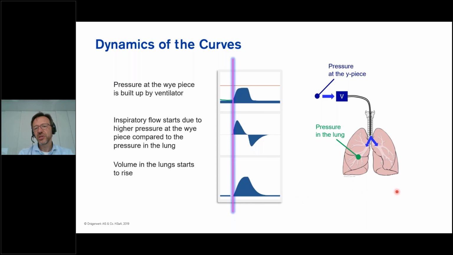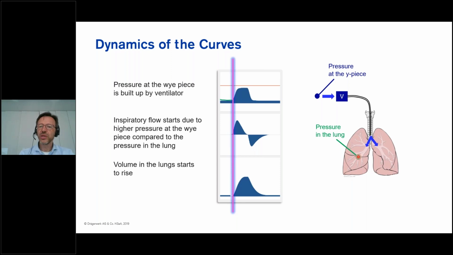You see on the right side a simplified diagram of a lung, airway, and an ET tube with a proximal flow sensor, and you see two points. The one is a blue point, which illustrates the pressure at the Y-piece. And we see a green point in the lung, which is something you can never measure, and Babylog also cannot measure.